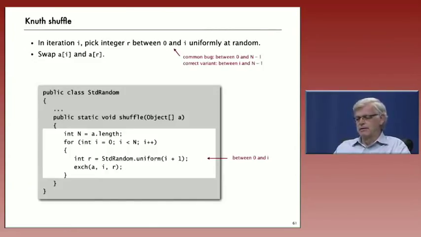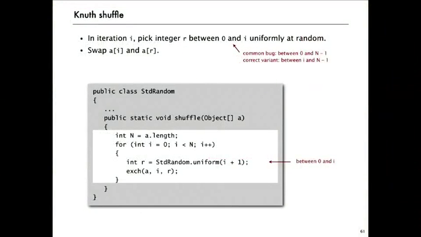Easy to implement. Now it's key that the uniform random number be between 0 and I minus 1. You'll often see programmers thinking that they're implementing a shuffle and they just choose, for every entry, a random place in the array to exchange it with.